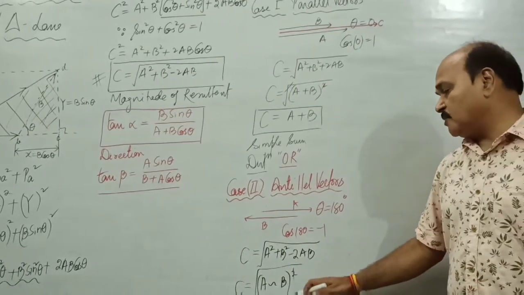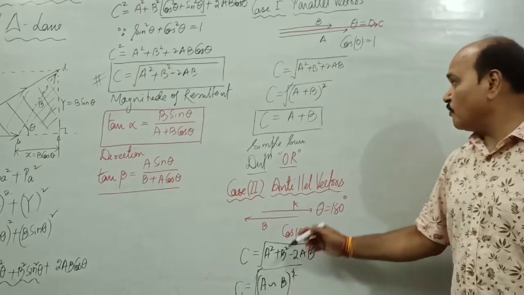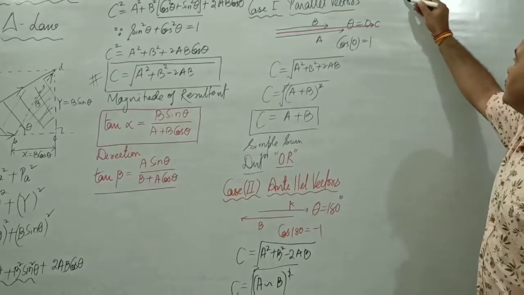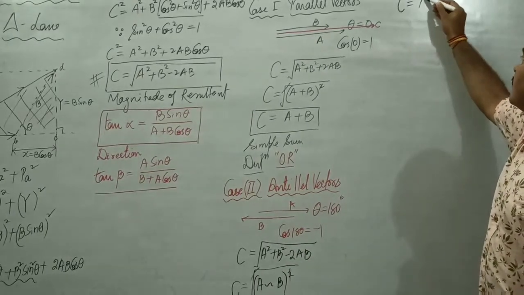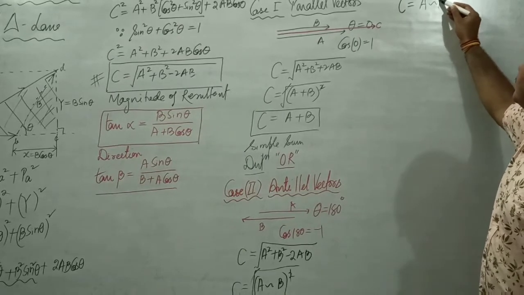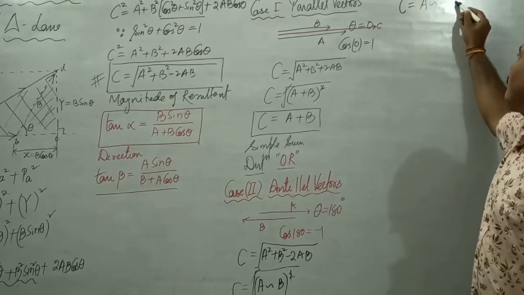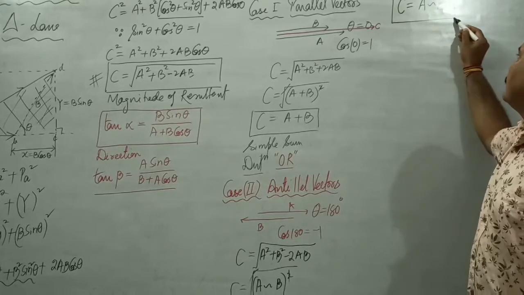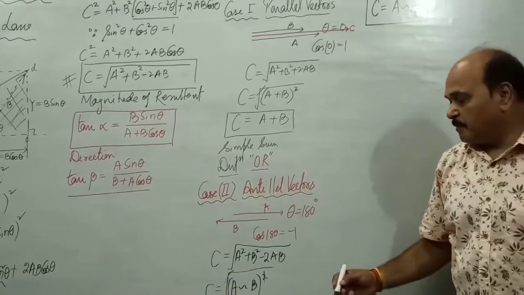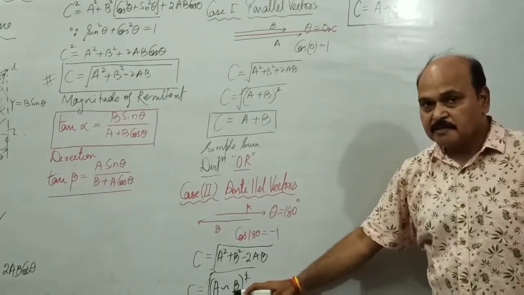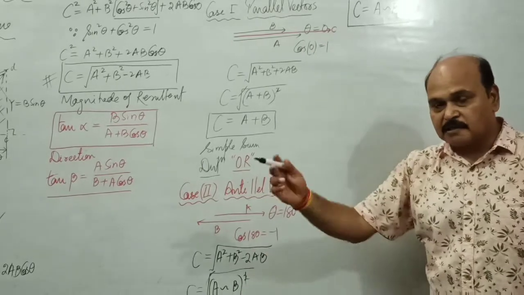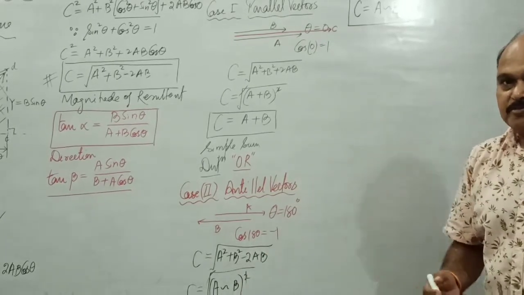And this square and square root cancel out. So what do we get for C? We get C as A difference B. This is the value of the resultant if two vectors are anti-parallel. Remember, this is the sign of difference. Sign of difference means whichever is greater, from that we subtract the smaller one.